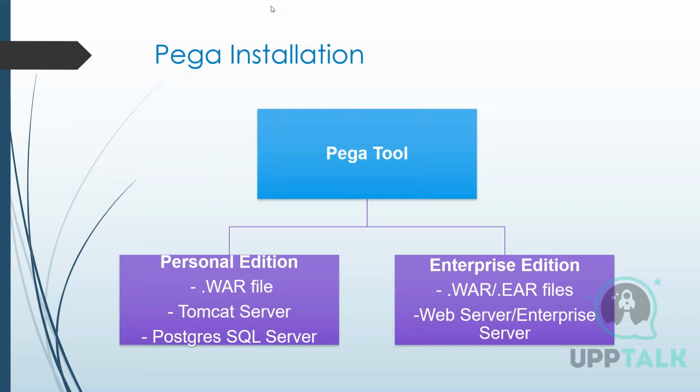For the personal edition, you don't need any other explicit installations here. It comes with the Tomcat app server and PostgreSQL DB server, packaged everything. So they have defined that you would be using a Tomcat app server and a Postgres DB server here.